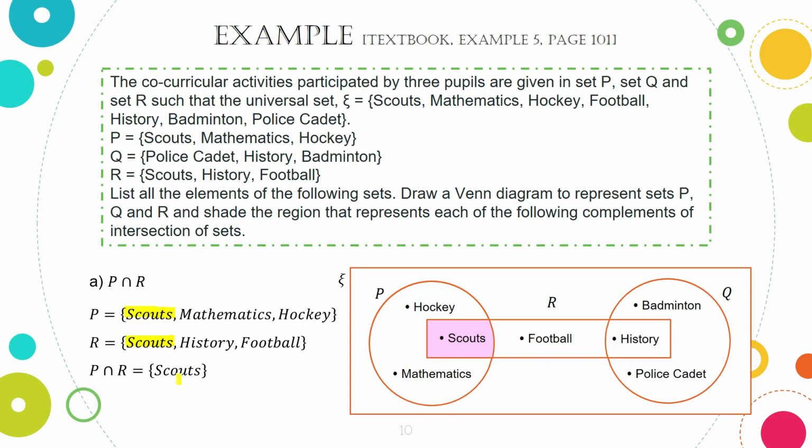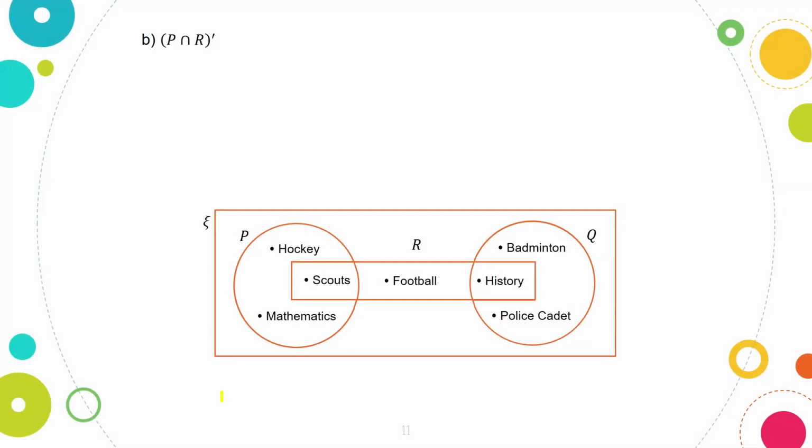This region is P intersect R. Next, the next situation is the complement of P intersect R. This is the second problem. First, what we need to do is list down the intersection of sets P and R.